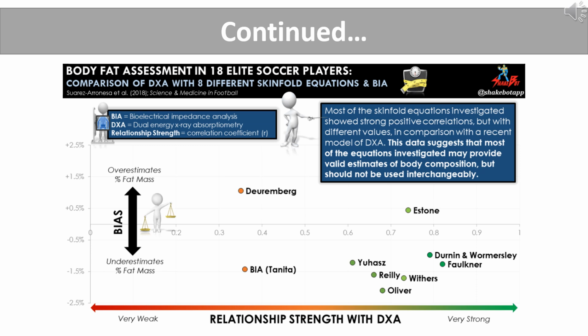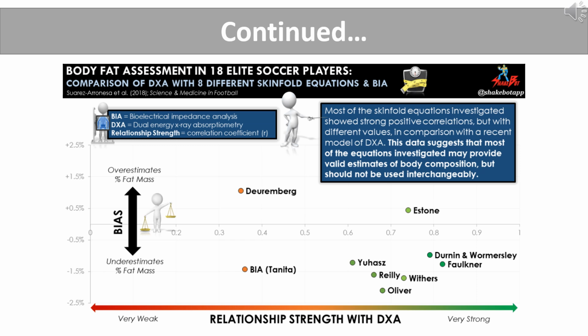So this infographic represents a really nice summary of a study conducted in 2018, whereby the authors were trying to determine the level of accuracy and the relationship between different skin fold assessment methods or equations with the DEXA scanner, which of course would be our gold standard method.